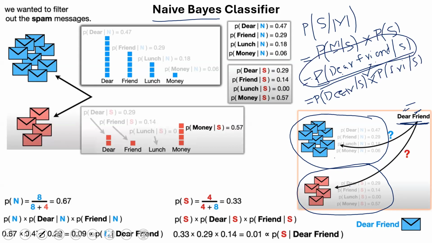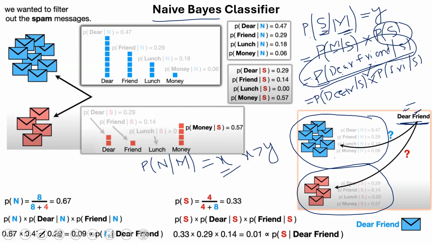The last term that is pending is P of S. That is how you calculate the probability of spam given a message. Once you calculate that for spam and for normal message given a message, suppose this is x and this is y. If x is greater than y, you classify this message as a normal message. If y is greater than x, you classify this message as a spam message or spam email. So that is how naive Bayes will do the calculation.